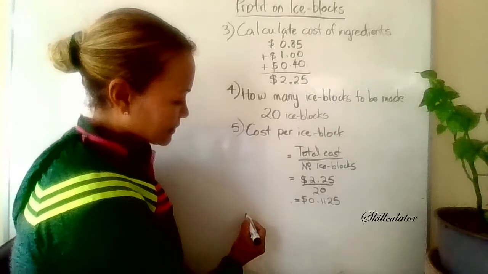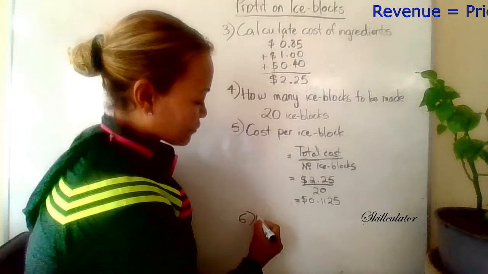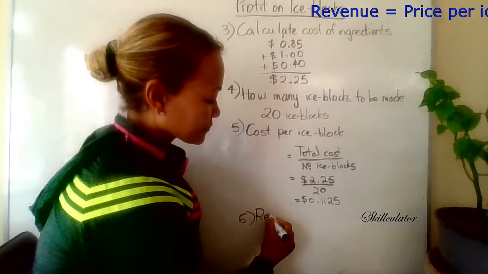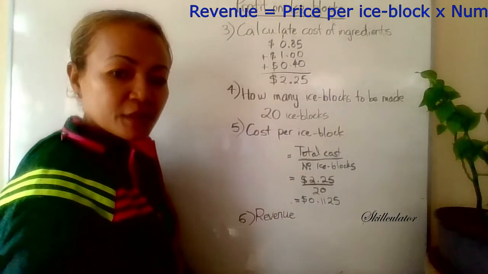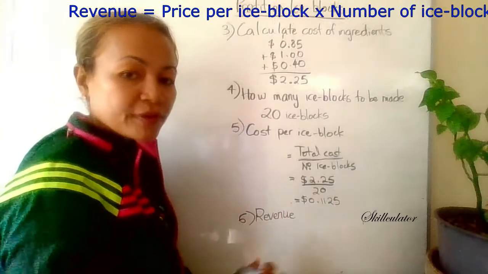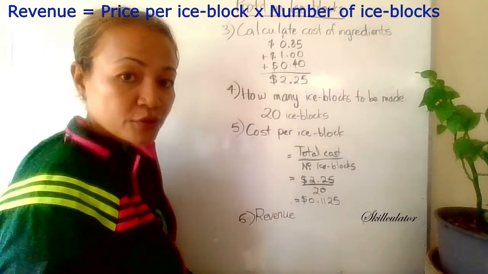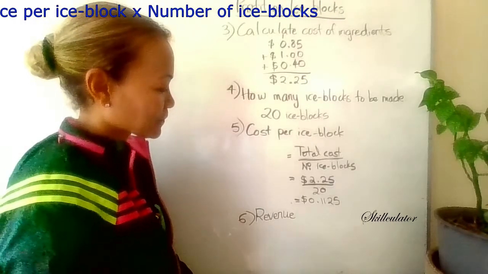Our next number is number 6, revenue. So I've given you in the last video how to calculate what revenue means. So revenue is just what you're going to receive when you sell something.